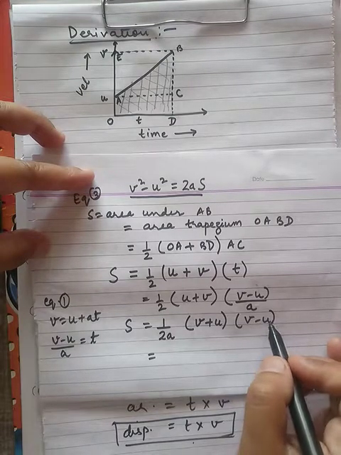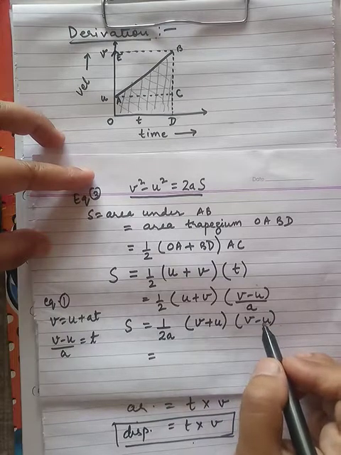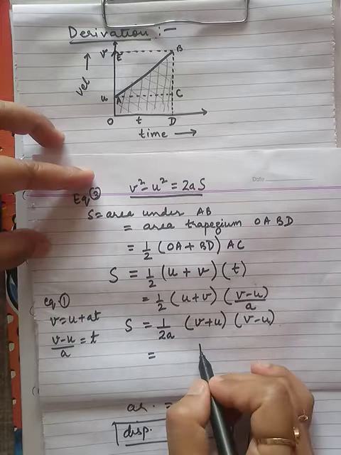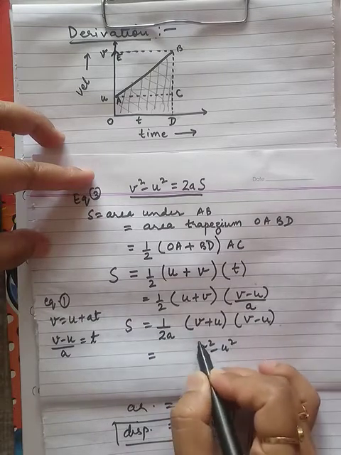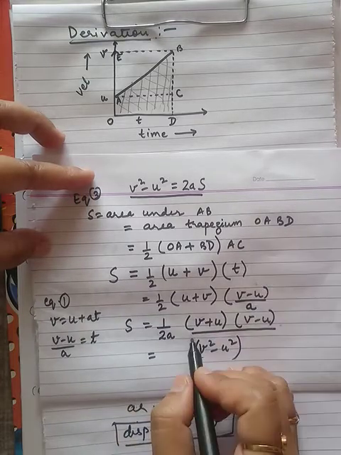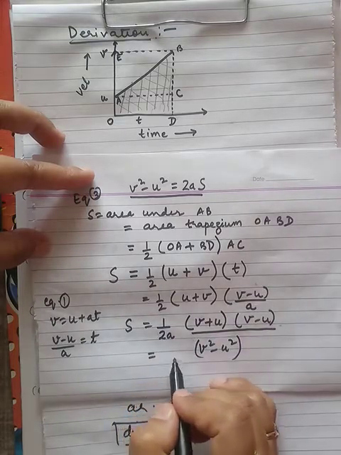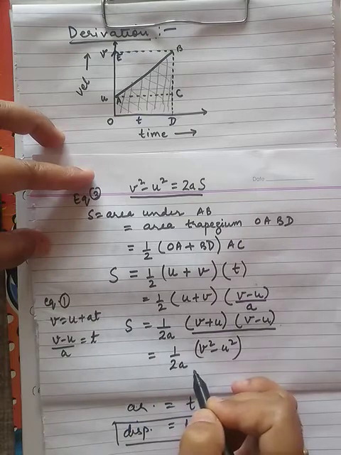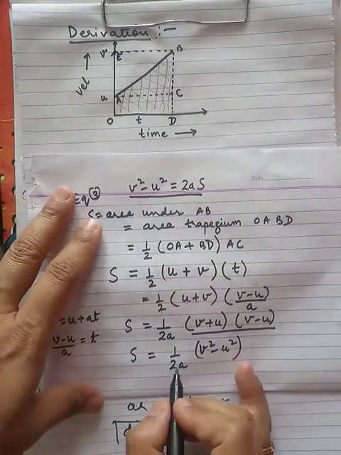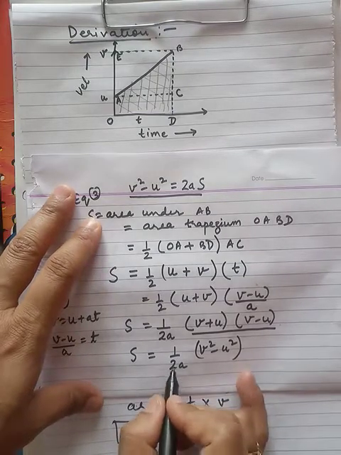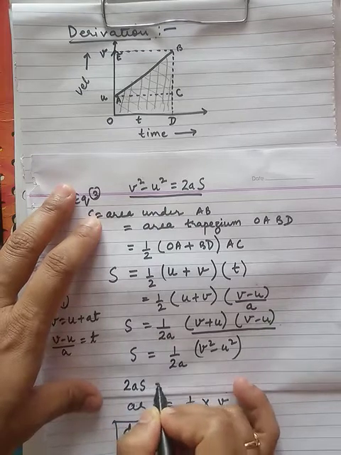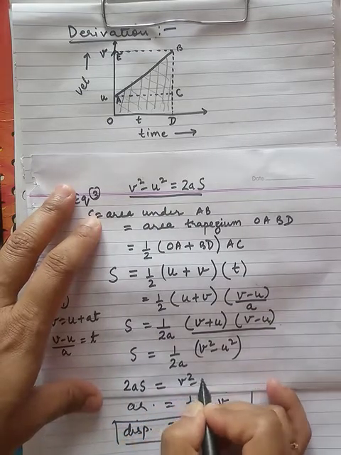According to that, it will be v square minus u square. Okay, so this term we have done, and this is 1 upon 2a in the multiplication, and it is s. So 2a going over here, that is 2as is equal to v square minus u square.